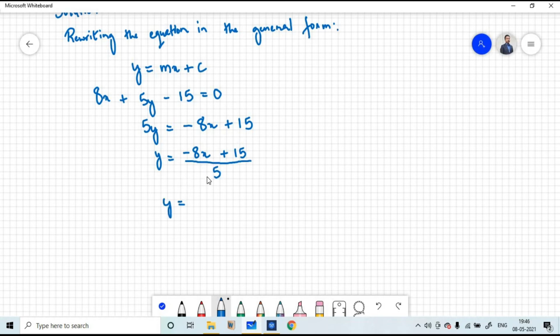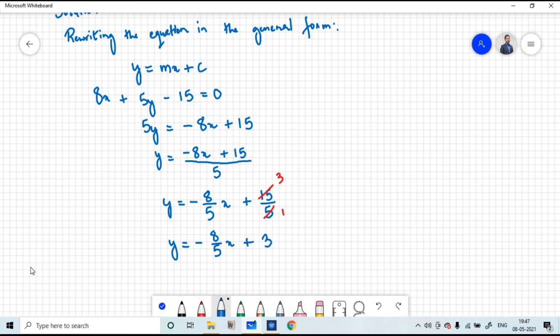Let us further simplify by splitting the fraction into two terms. By doing so, we have minus 8 by 5x plus 15 by 5. Finally, we have y equals minus 8 by 5x plus 5 times 1, 5 times 3. So we have y equals minus 8 by 5x plus 3.